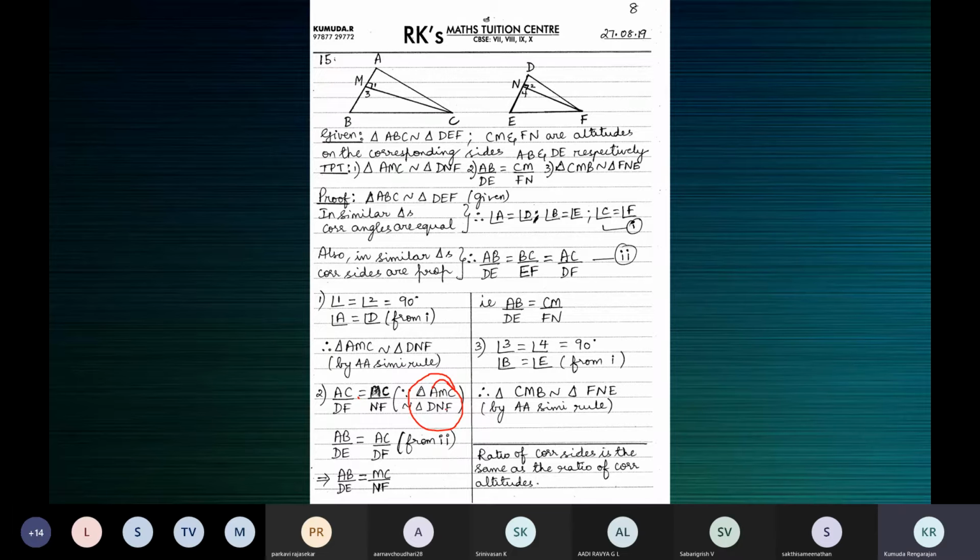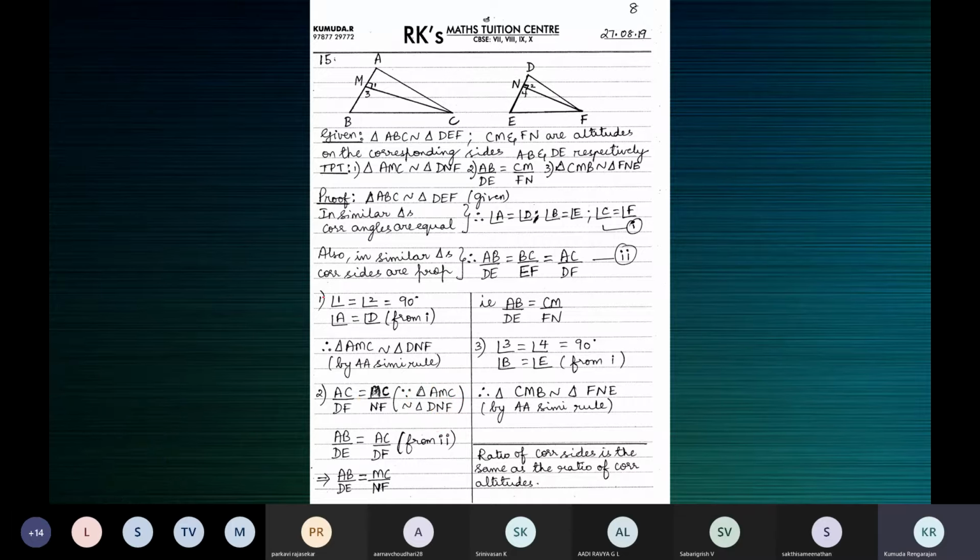So write AC by DF is equal to MC by NF, because MC is nothing but CM. Or you write all three ratios and ignore the one which you don't want. If you feel, of the three, which two to write.